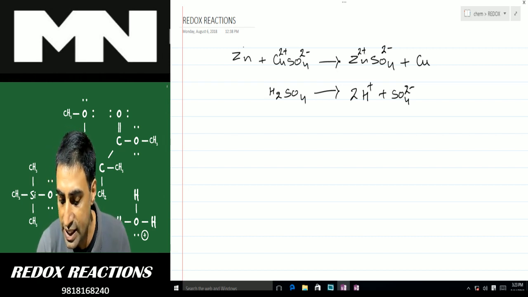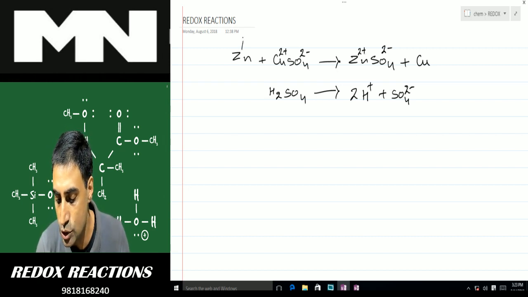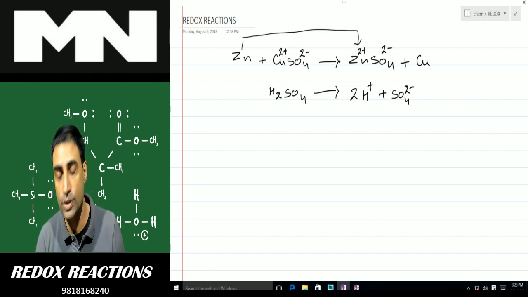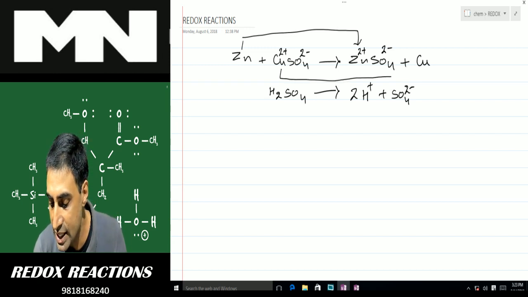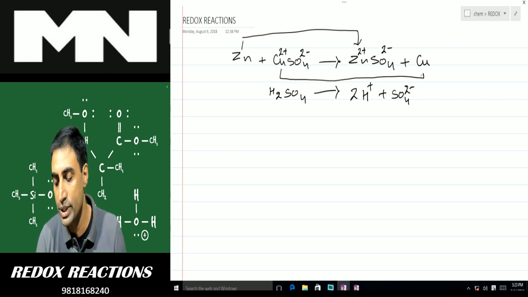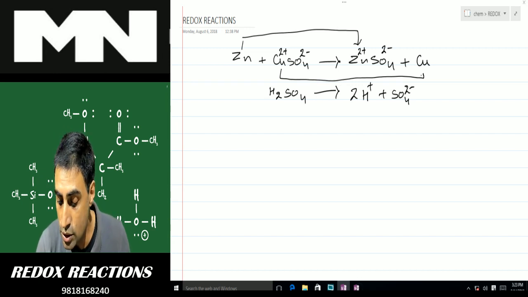So if you see here, Zn is losing electrons and is getting converted to Zn2 positive, whereas copper is gaining electrons and it's getting converted to Cu. This loss of electrons is known as oxidation.